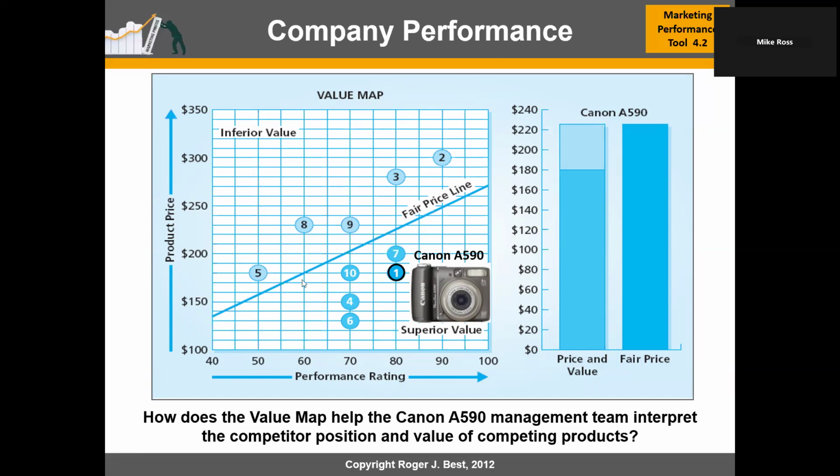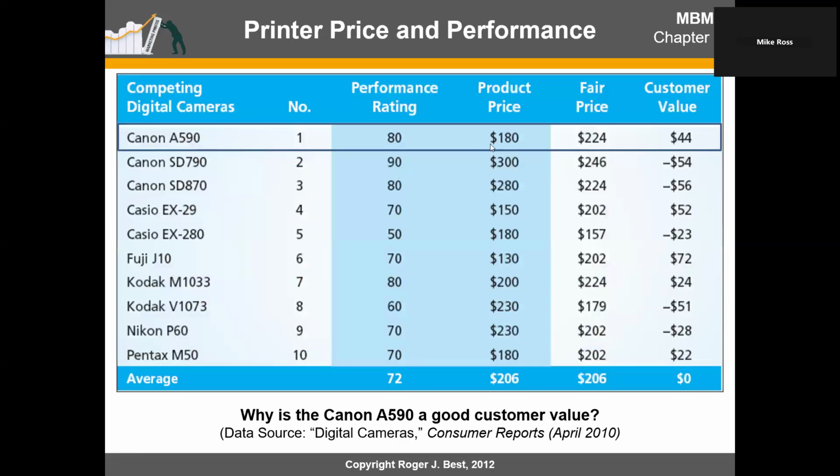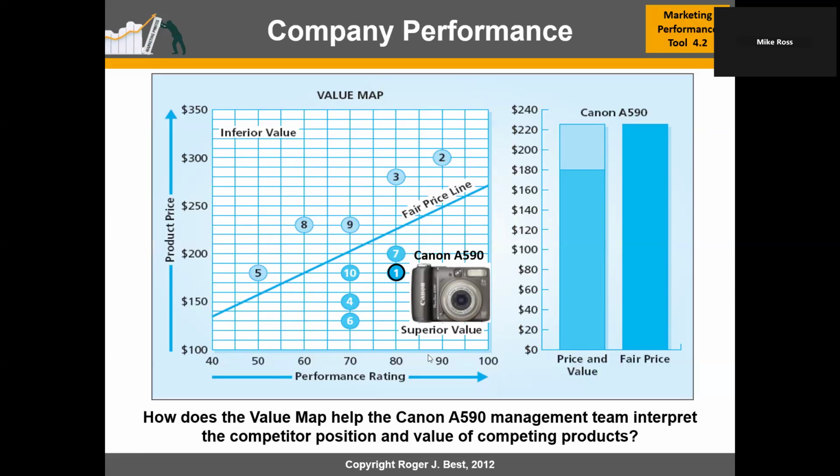And so the way to read this is on the x-axis we have a performance rating. So we have the A590. I think we said the A590 performance rating of 80.